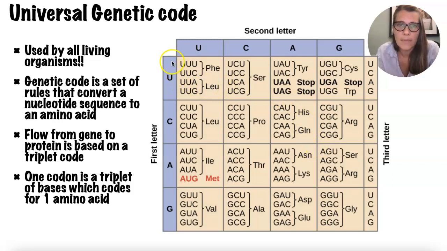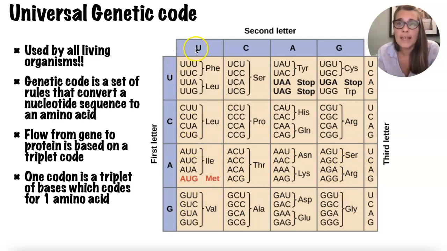You always look at the codons. The first letter is here, and we're going to do an exercise in a second, so I'll show you better there. Every codon that starts with a U will go here. Every codon that starts with a C goes here, with the A here, with the G here.